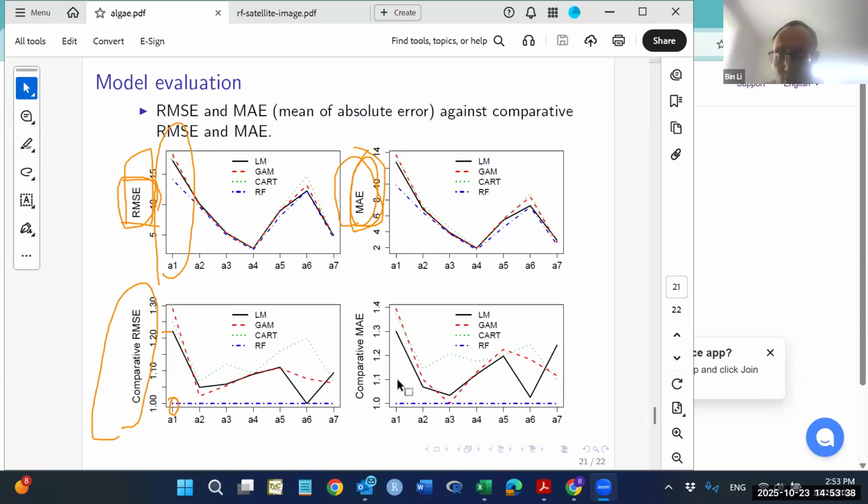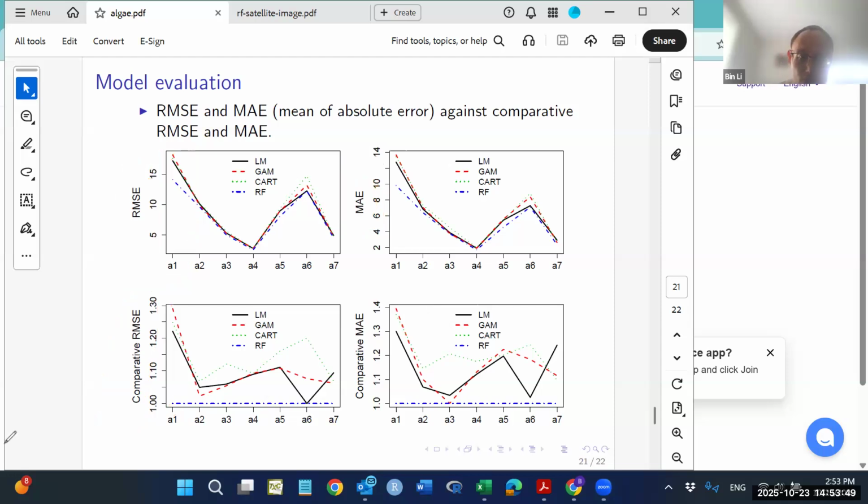And this is the comparative MAE. You can easily see that for both approaches, the random forest is consistently the best, in both measures, MAE and RMSE, and also among all the 6 algae, right? So that's the comparison.